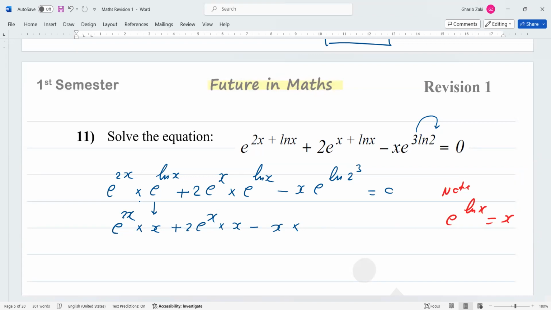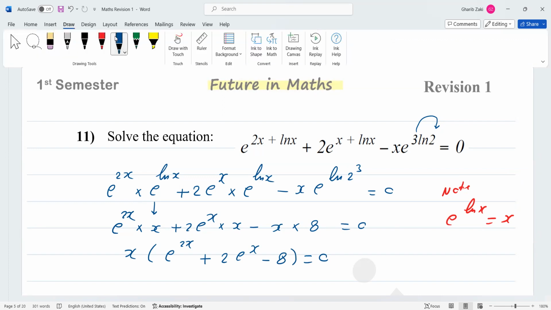E power ln 8 is 8. So equals 0. X is repeated factor. Then we take x as a common factor. Then e power 2x plus 2 e power x minus 8 equals 0.